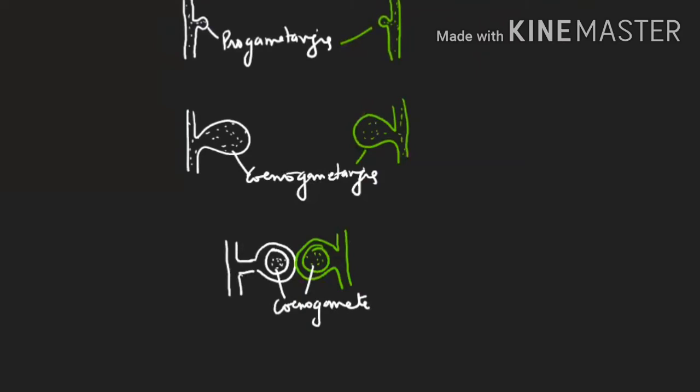Now this hypha, this stalk, is going to bear the zygote. We will say this is the zygophore. The same here, this is known as the zygophore. Understand the diagram. After this, what we will observe is that the two coenogametangia with their coenogametes will fuse.